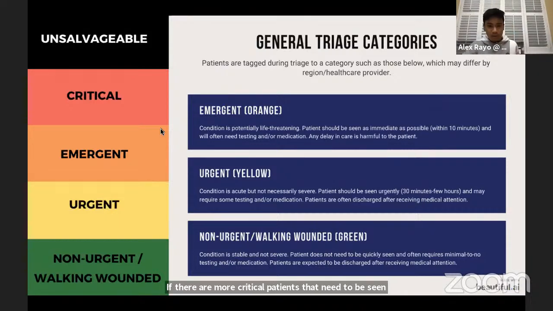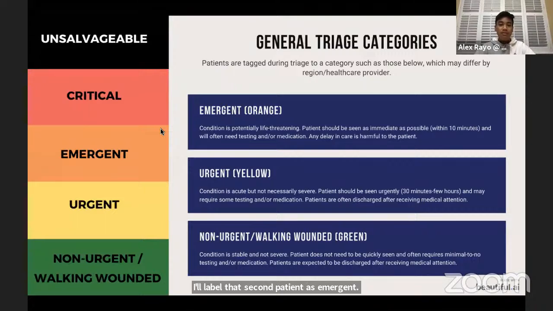I should mention that the tagging of patients often depends on how many different patients are trying to be seen at the same time. For example, if I have one patient that I see as critical and someone who has a severe condition but can hold off a few minutes, I'll label that second patient as emergent.